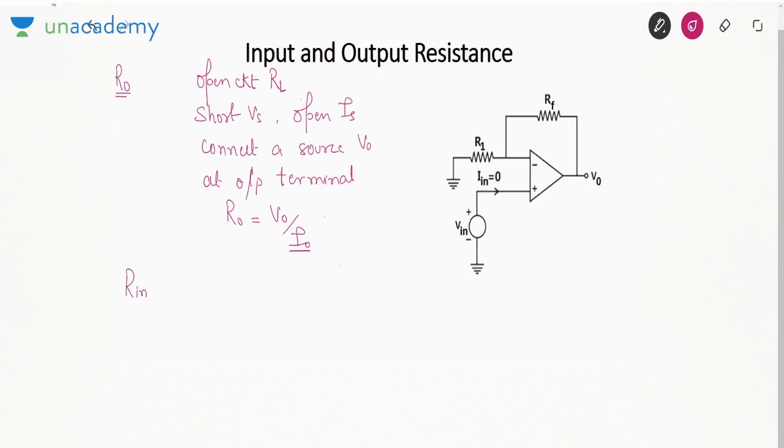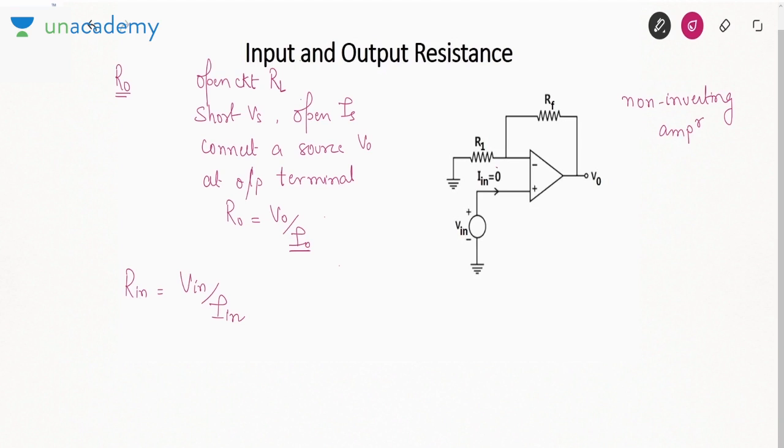What about input resistance? It is simply Vin over Iin. You don't have to modify any circuit, just calculate input voltage by input current. Let us see in the first circuit. Which circuit is it? It is a non-inverting amplifier.